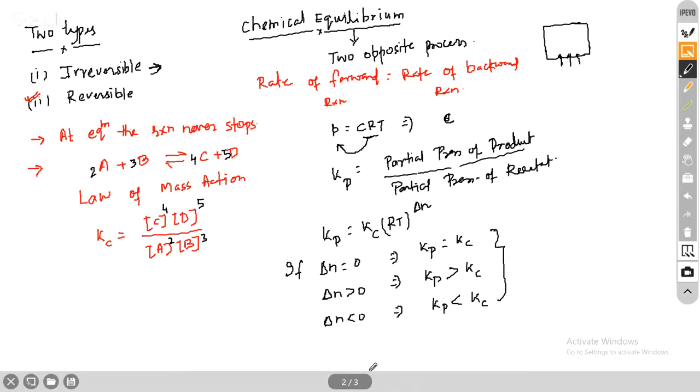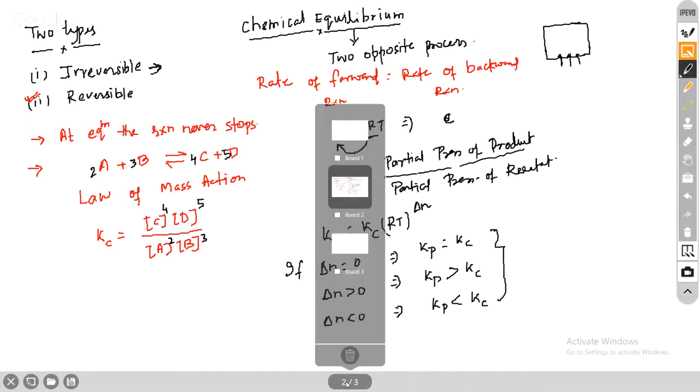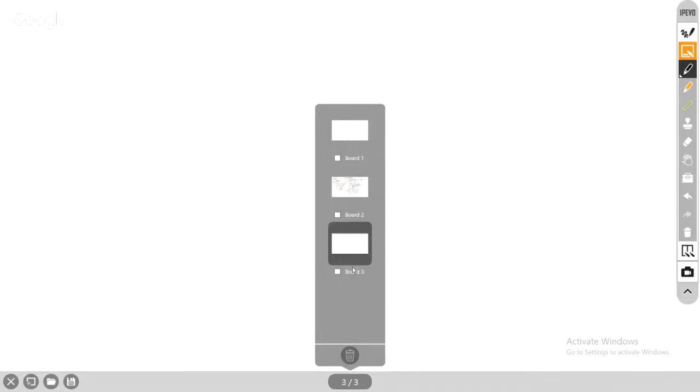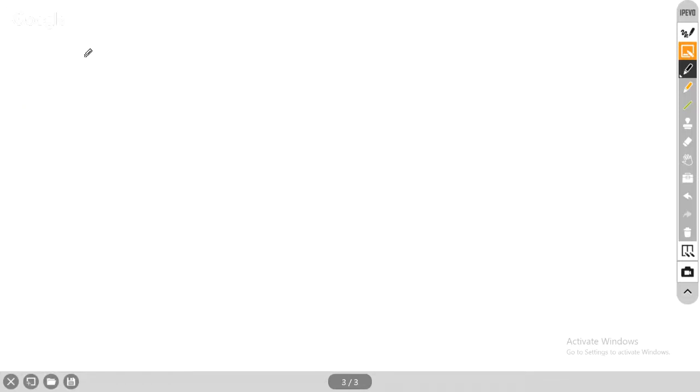Now the next thing here, which is important. Some basic things we have discussed. Now see, let me tell you one thing, in question form I'm giving you this. Suppose I have one reaction, A gives B, and its equilibrium constant is given, that is K1.